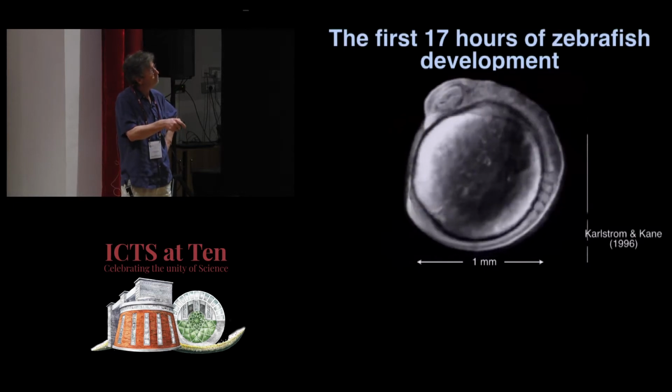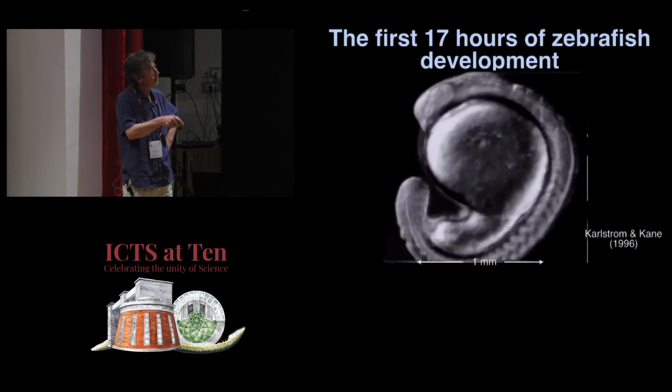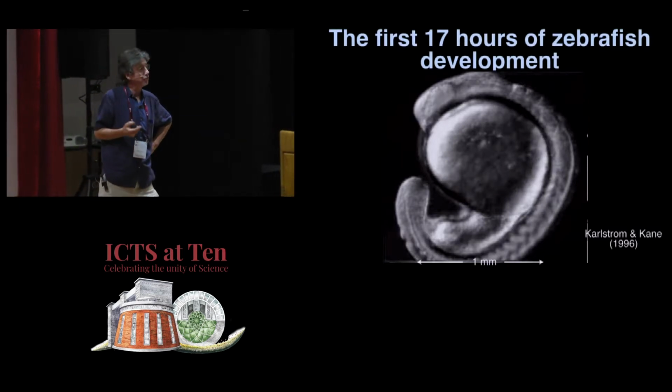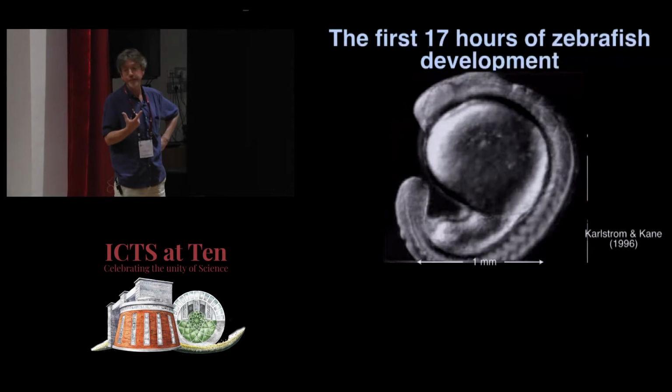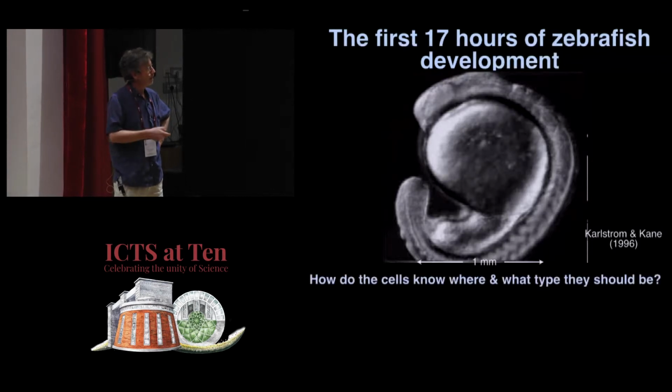And what you can see over these 17 hours is the formation of the body axis with the head and the somites of the developing spinal cord. Incredible process. It's unbelievable to think how we're ever going to understand that. How do the cells know where and what type they should be in this organism?